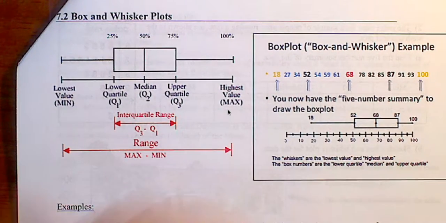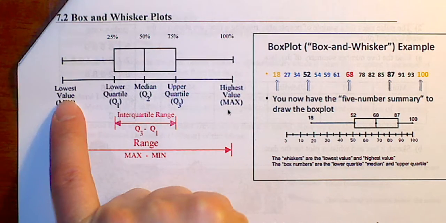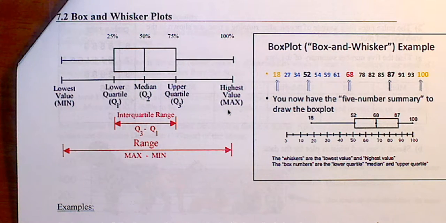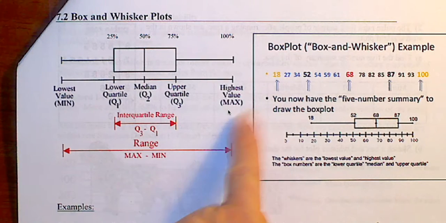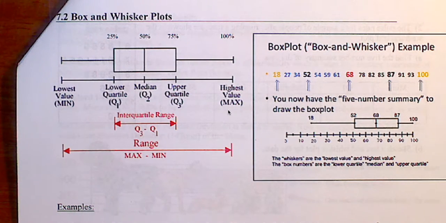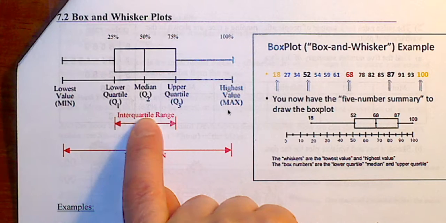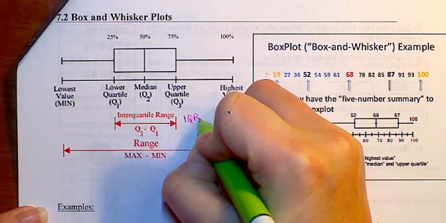And so these values are called the 5-number summary. So you've got your minimum, your maximum, and each of the 3 quartiles. Now, one other thing is that the range is the high minus the low, the max minus the min, which we're familiar with. But a box plot allows us to find the interquartile range, which is also sometimes written IQR.